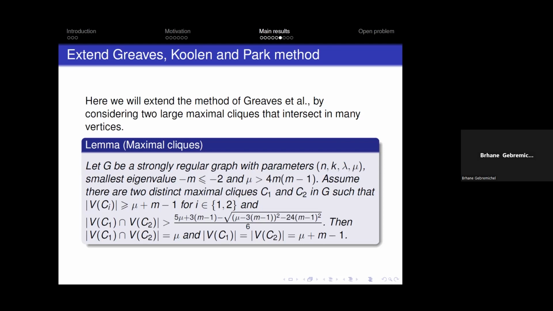Then the order of the intersection of the two cliques is equal to μ, and each of the cliques has order μ + m - 1.